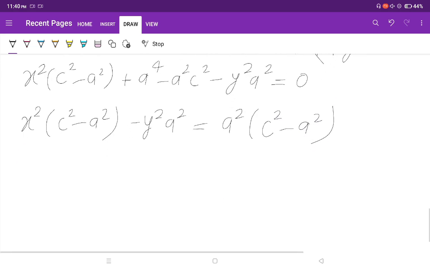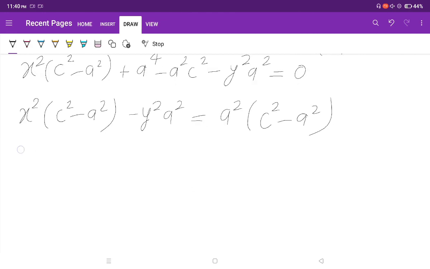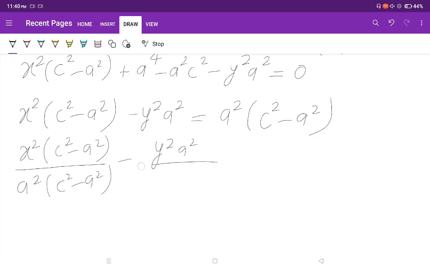Right, let's divide the whole equation by a square times (c square minus a square). So we have x square times (c square minus a square) divided by a square times (c square minus a square), minus y square times a square upon a square times (c square minus a square), equals 1.